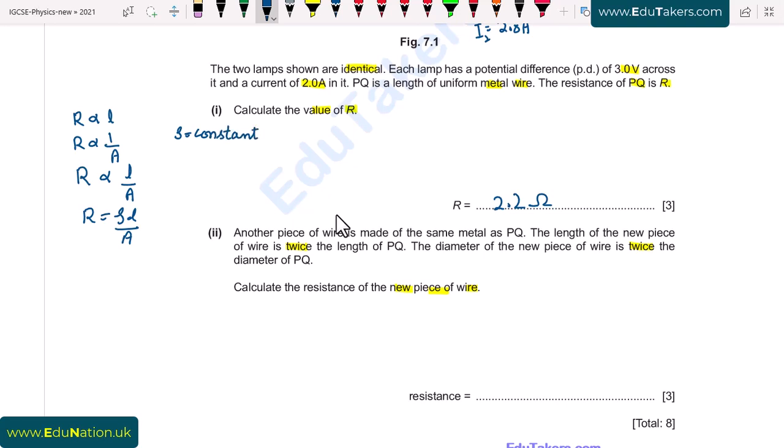And the length is double, diameter also double. We can write this formula in terms of diameter. And area is pi r square.